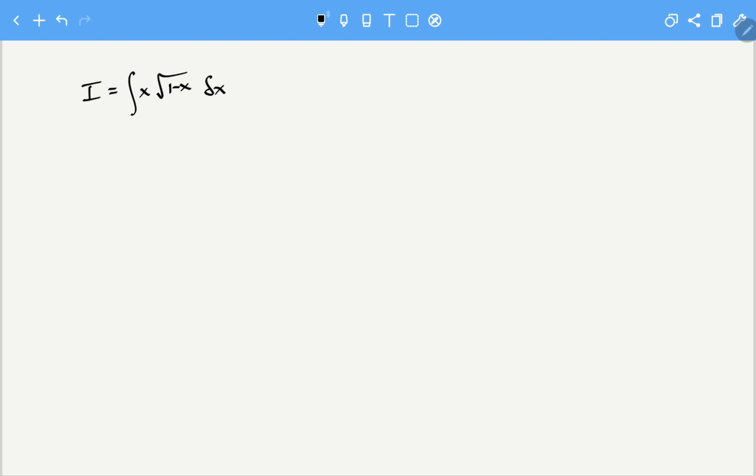Again, to emphasize, when we do this u and this du, u is really just a function in terms of x. It doesn't have to be one thing, it could be some ugly stuff. It's any function you want. And then this right here is just the derivative of that function, whatever that function is.